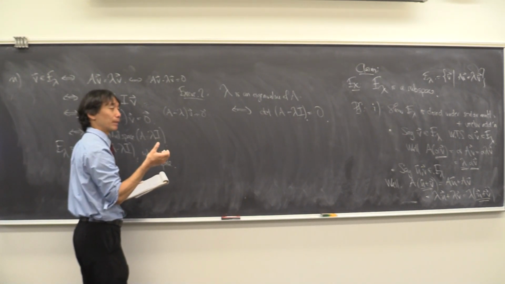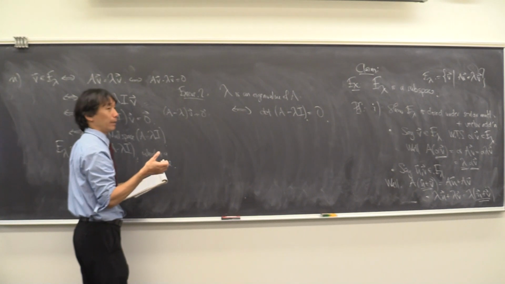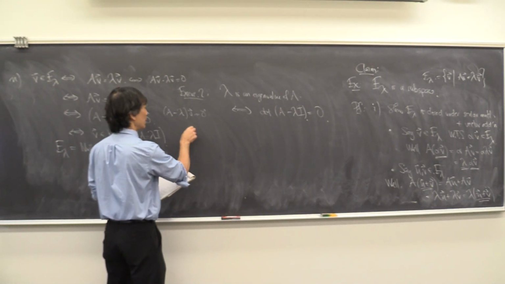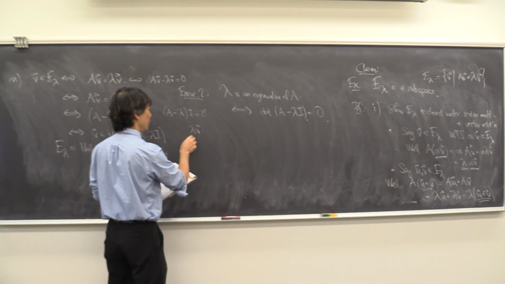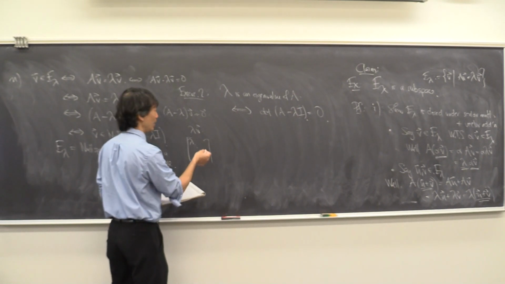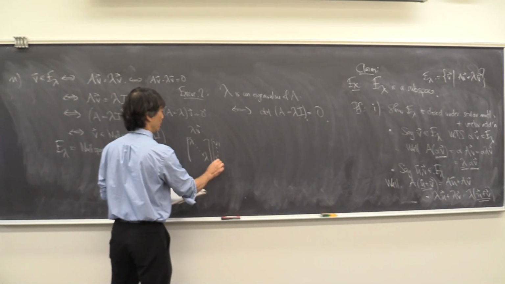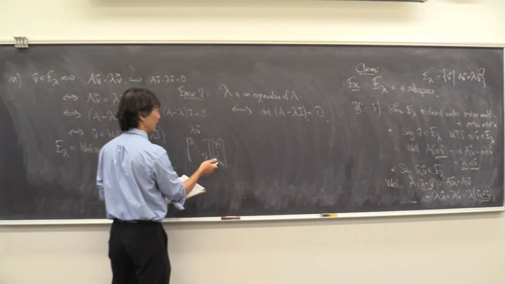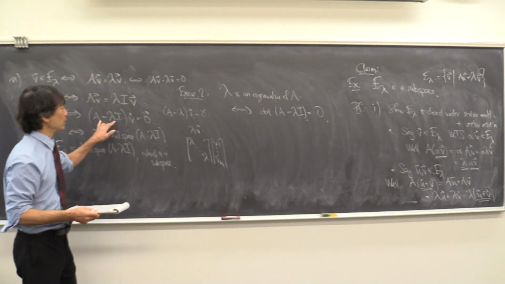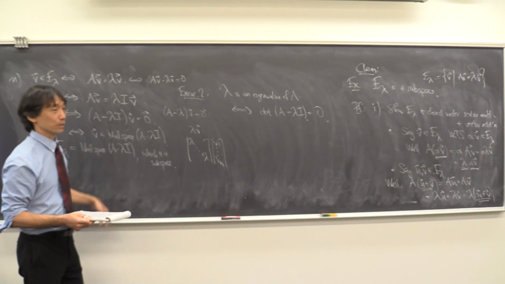So you're just turning lambda into a matrix. Yes, because multiplying by lambda is the same thing as multiplying by this matrix. It's just to make it a matrix. Makes sense.